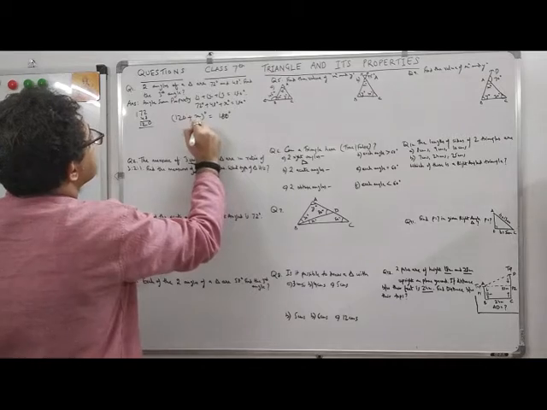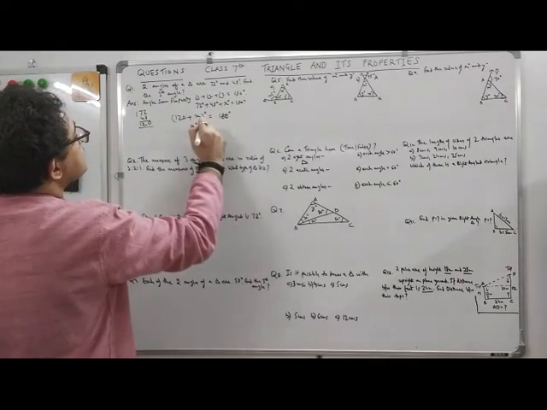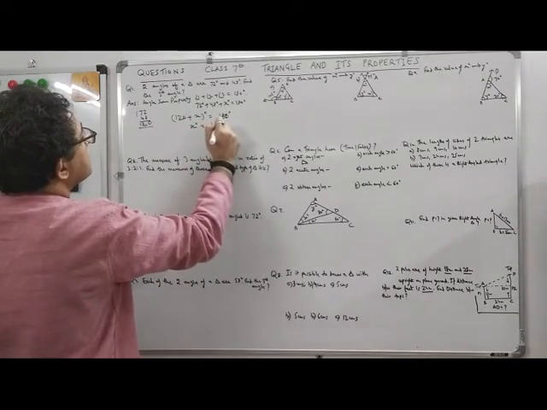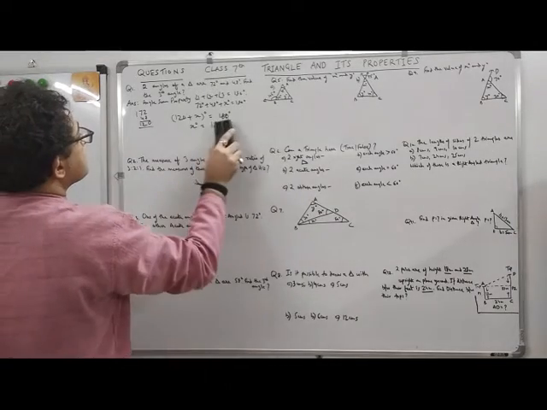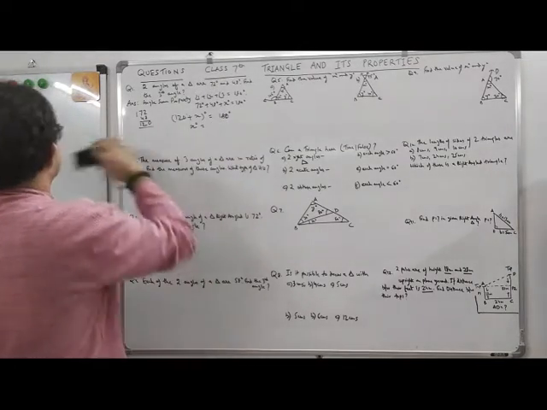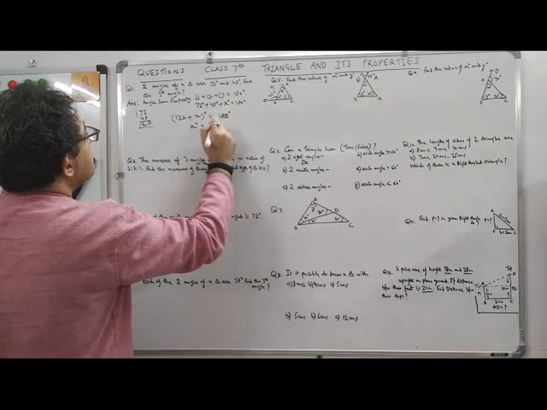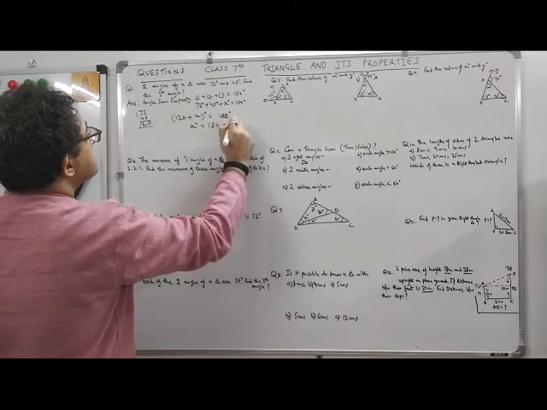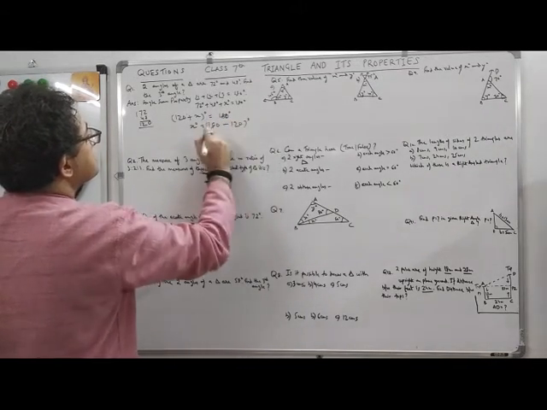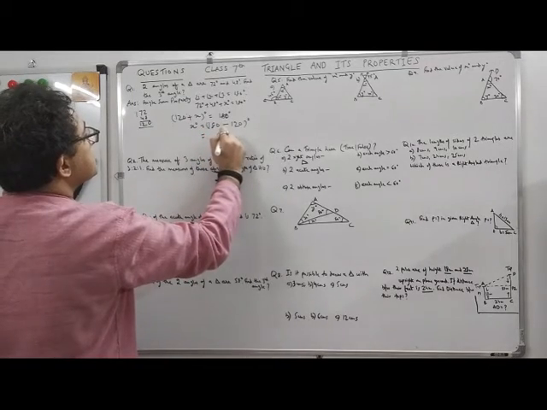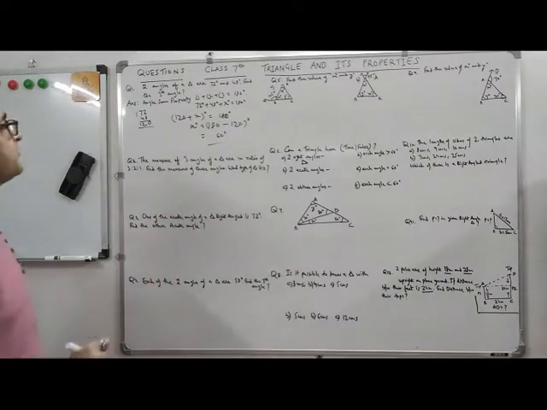Which means x degrees, which you want, the third angle, is equal to 180 minus 120, which is 60 degrees. Easy.